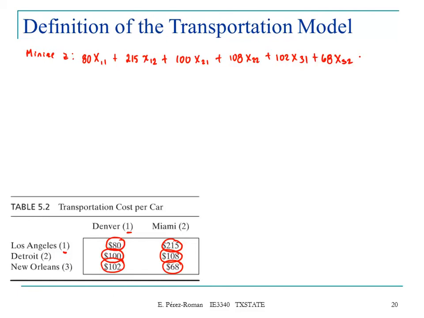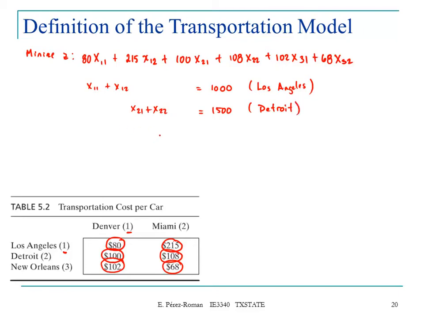Okay, so now we need to state our supply constraints and our demand constraints. Same way, we have X11 plus X12 equals 8,000, and this is for Los Angeles. Then we have X21 plus X22 equal 1,500, so this is Detroit.